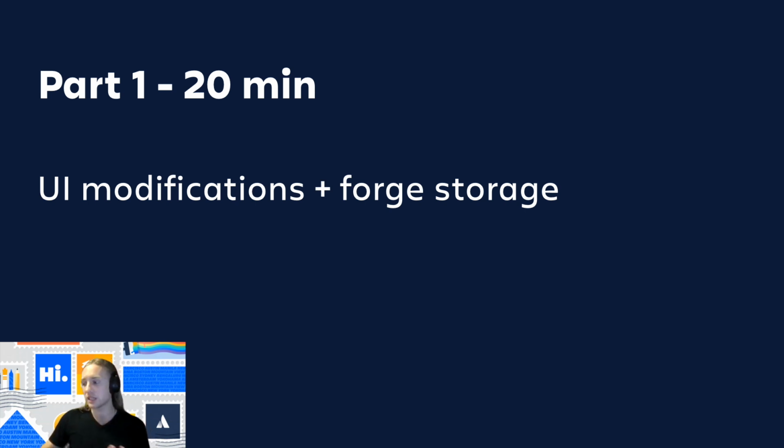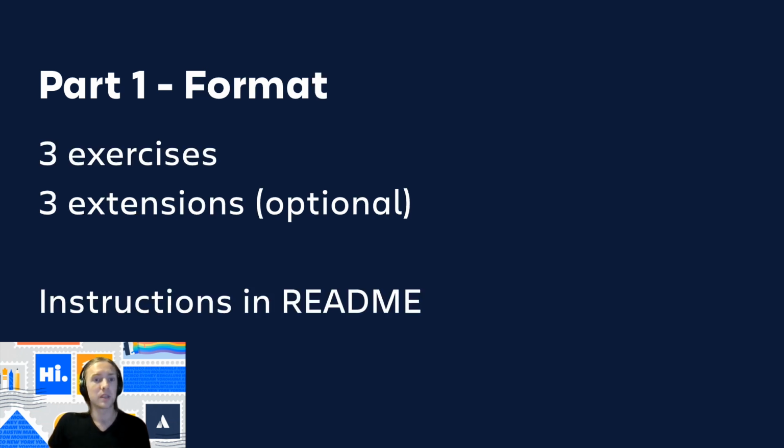So part 1 is going to take around 20 minutes. We're going to be doing UI modifications and working with Forge storage. So it's going to have 3 exercises that we're going to ask you to complete.